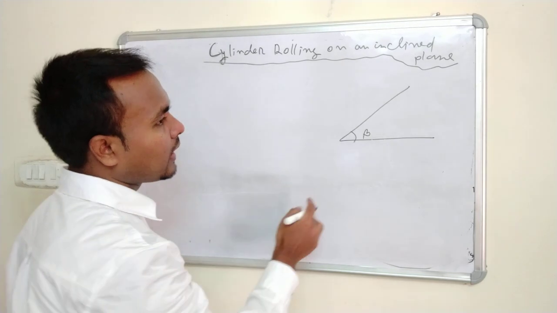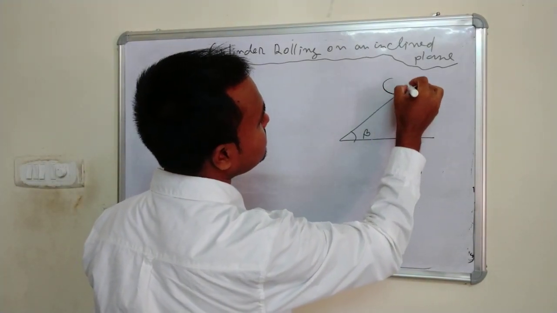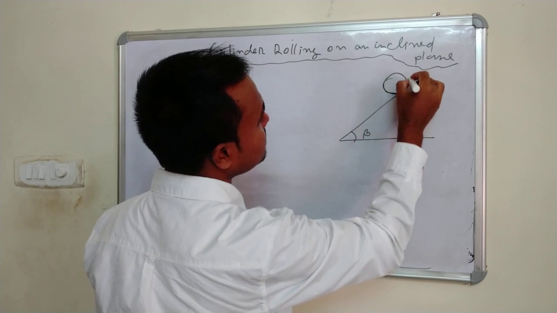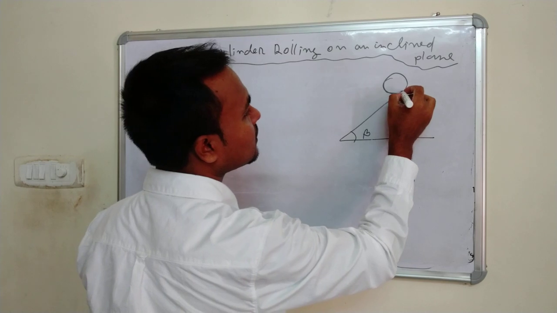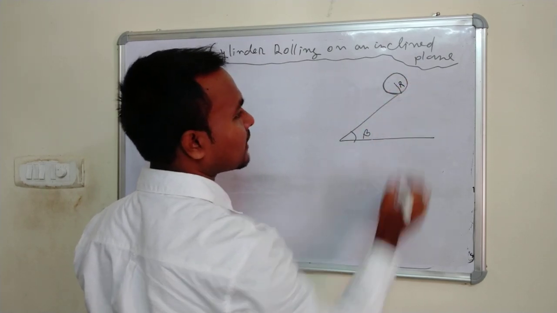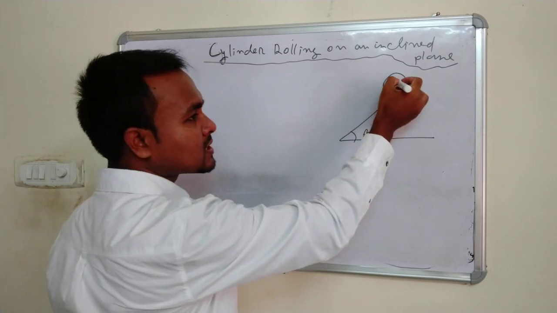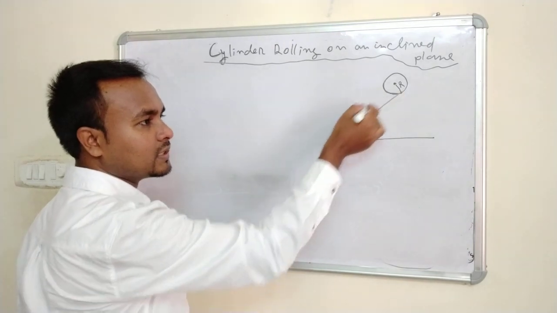And here is a cylinder having radius r. So this cylinder's center of mass is here. It is rolling in this way.